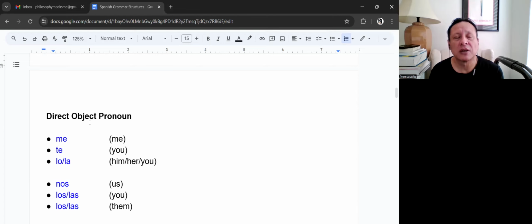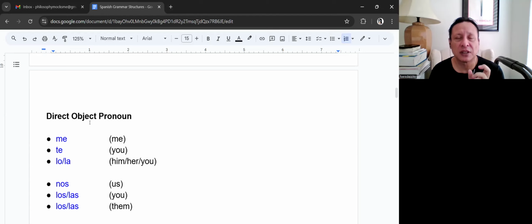But if I use it as an object of the preposition, she bought this for me, or she went to the store with me, me is still me, but it's the object of the preposition for or with. Or indirect object, she gave me $1. Me is the indirect object in that sentence, but still me, it doesn't change.